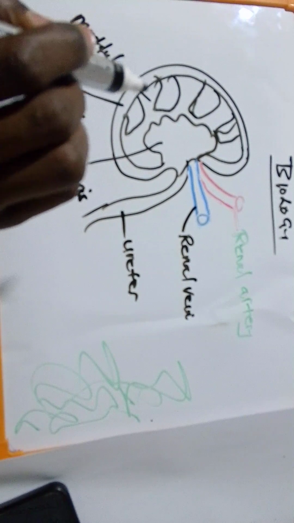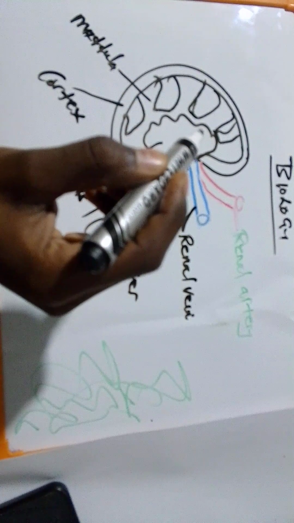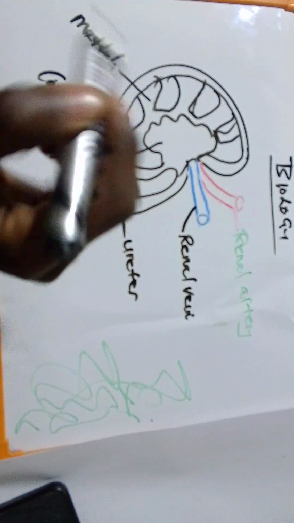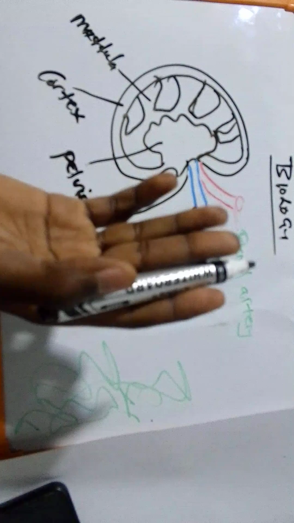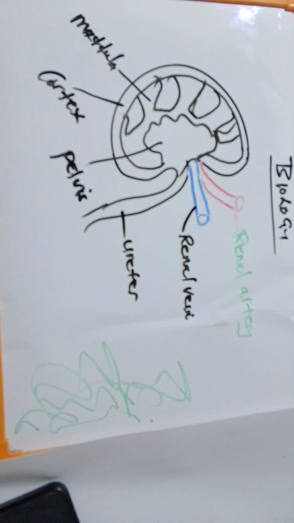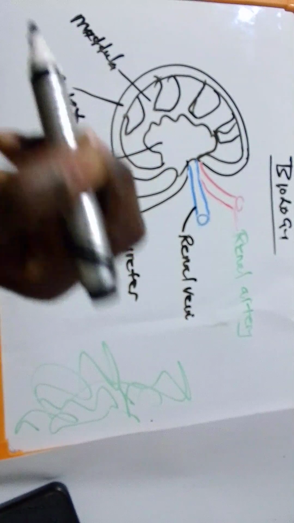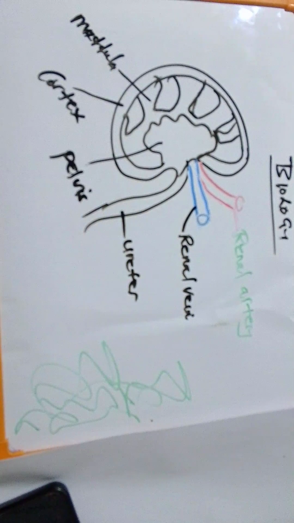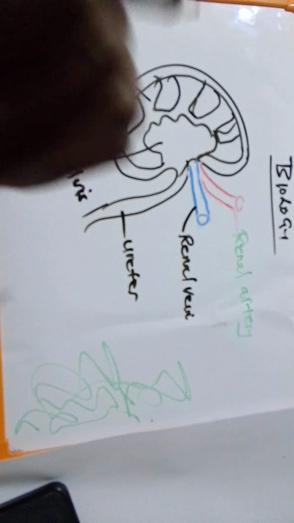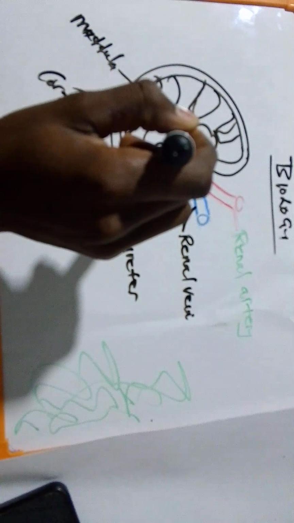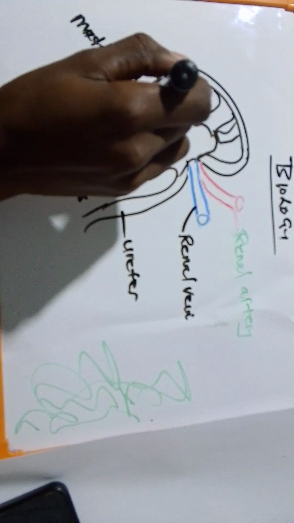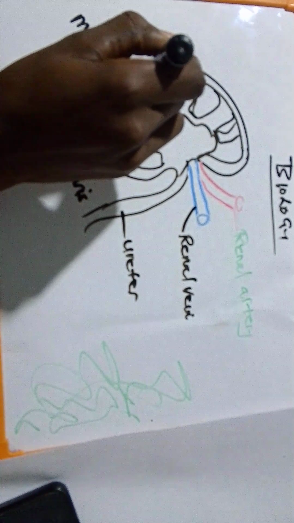Now we'll discuss how the kidney is adapted for its function of excretion, and how urine is formed within the kidney. Then we'll talk about the types of nephrons found in the kidney. Some nephrons originate from the medulla and go directly into the cortex.